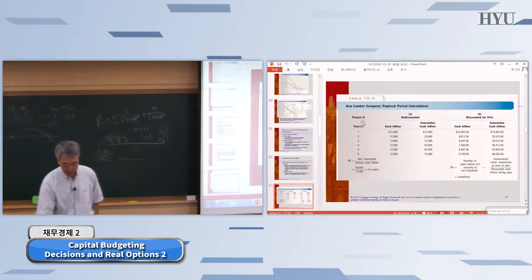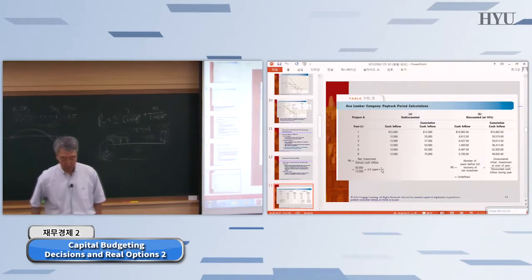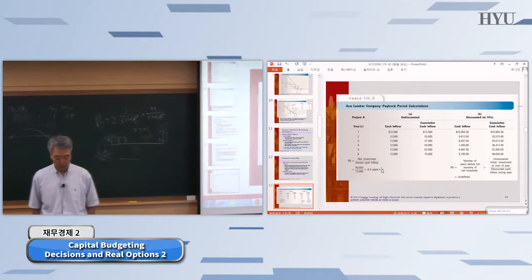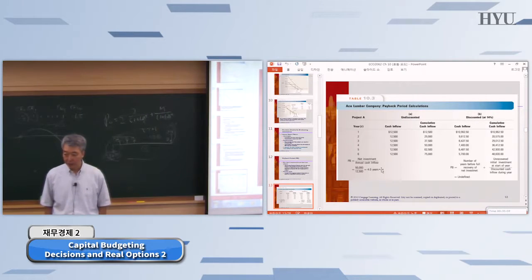This is the same project A that we talked about before, right? For 6 years, so total accumulated cash inflow is 75,000. So if you divide the net investment 50,000 by the annual cash flow, you get 4 years. So it takes 4 years to recover $50,000. Okay?